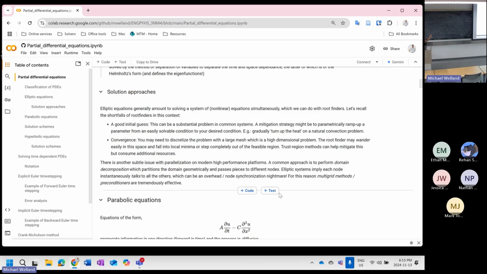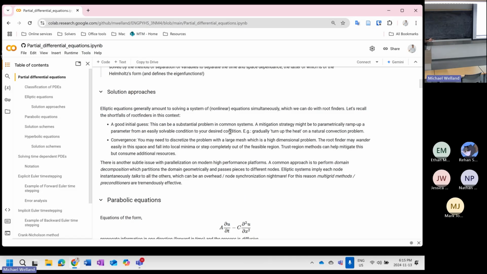Remember, though, that when we were talking about this originally, we were talking about root finding in 1 dimension, 2 dimensions. Now we're talking about root finding in 1,000,000 dimensions, right? Because now we're discretizing our spatial domain and every single point is an unknown. So all of the pitfalls that we first discovered with root finding now apply in spades, right?